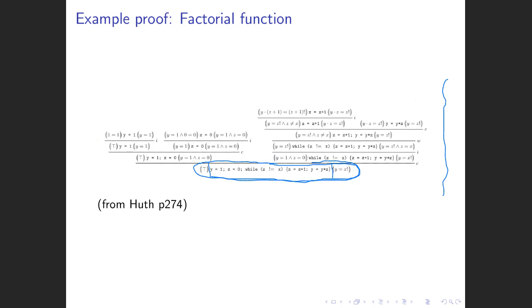It says, given any state, we have a program where y equals 1, z equals 0, while z isn't equal to x, we increment z, which allows us to halt eventually, hopefully. And then we say that y equals y times z, because it's factorial.